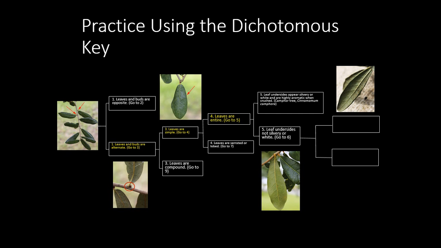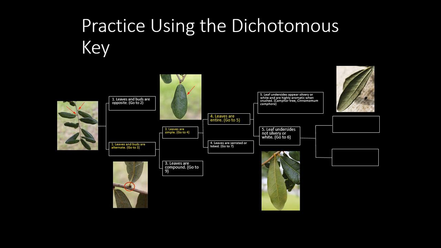And then our next question, and this is when things start getting a little bit more specific. We're starting to get past the very basic groupings. Is the leaf underside silvery and white and highly aromatic when crushed? I often have samples with the individuals so they can actually crush and smell it.